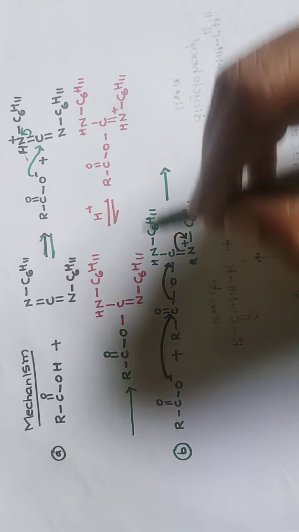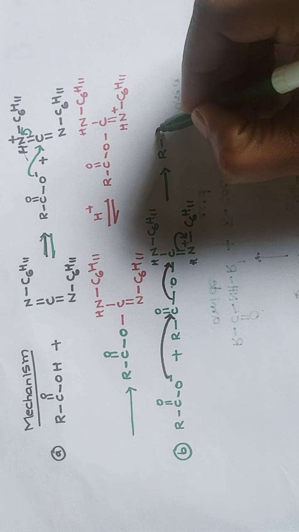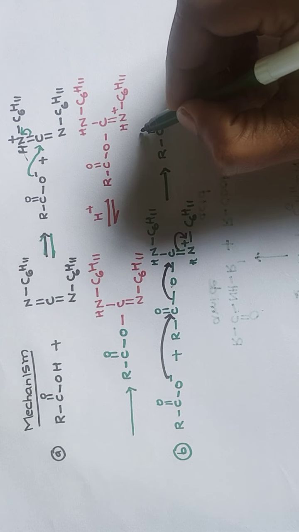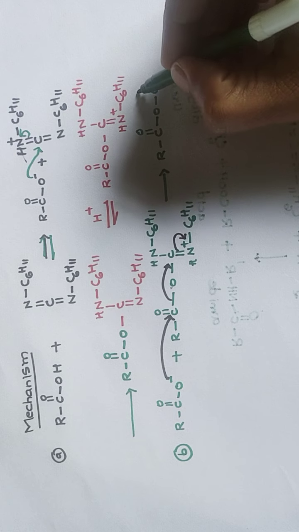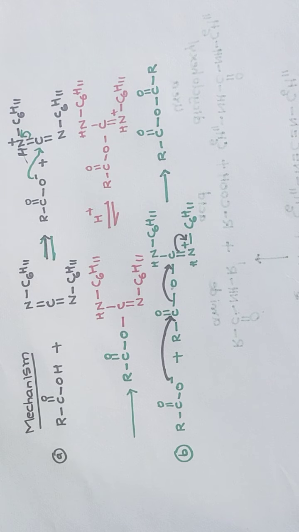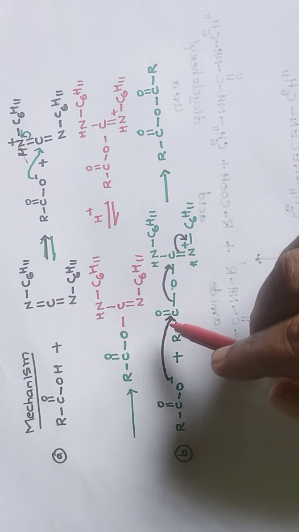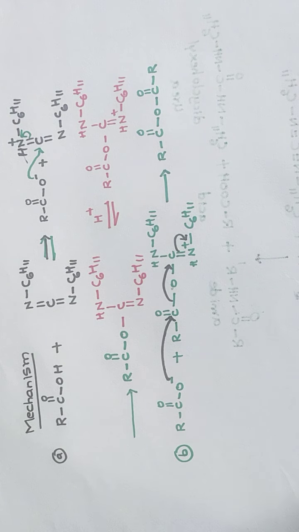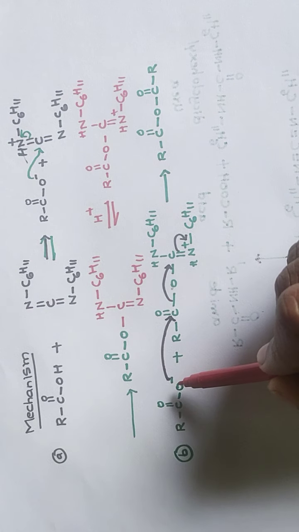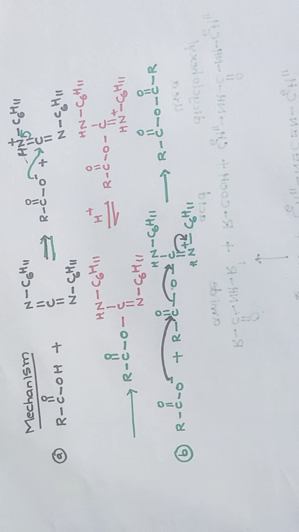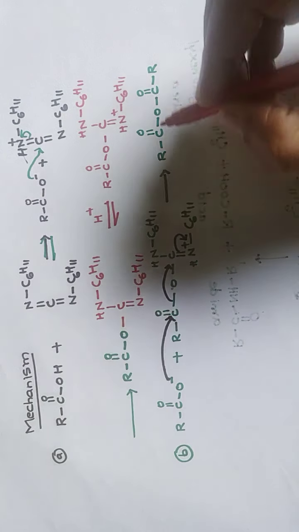So this bond is breaking. You are going to get RC=O, OC=O R. This bond breaks, RC=O, OC=O, R. And what is remaining here?